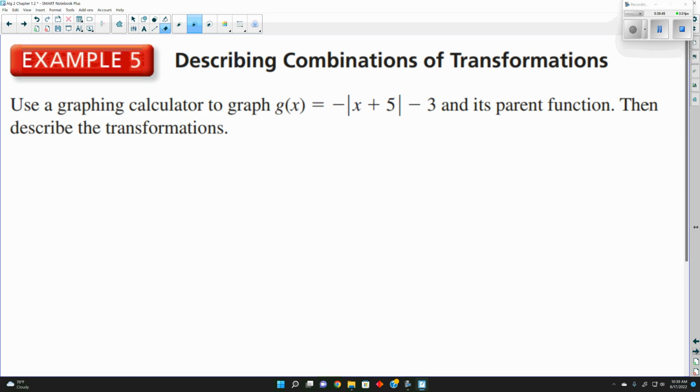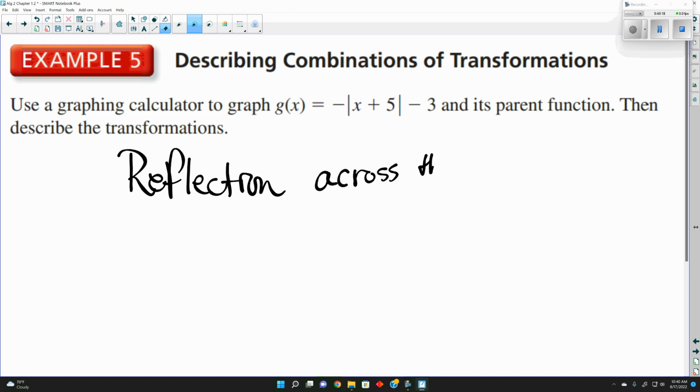But I want to look at this one here. So look at this one here with me before we wrap up. If you notice this here, there's more than one thing going on, yes? So if we go left to right, the first thing we have is that negative out in front of the absolute value, yes? Well, according to what we've done, that would be a reflection. So this isn't in your notes. The negative out front would be a reflection, yes? Across what?